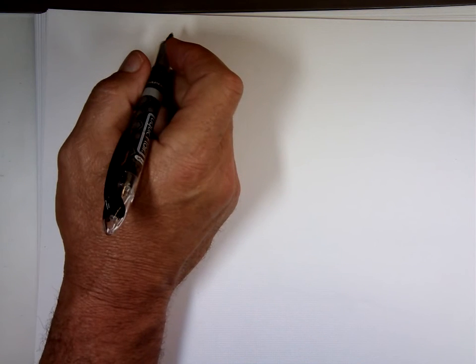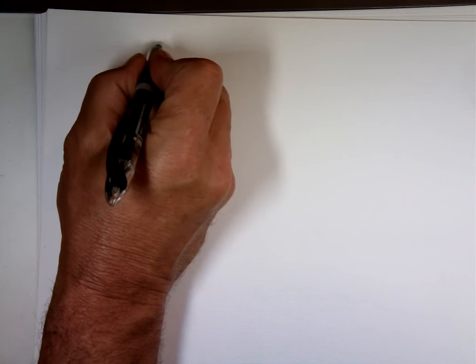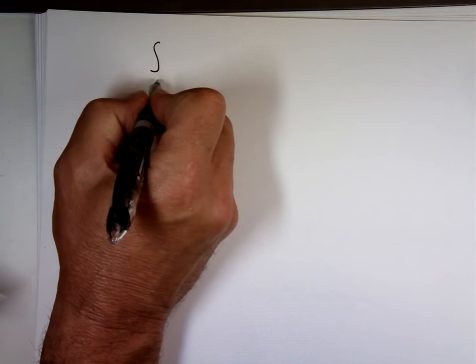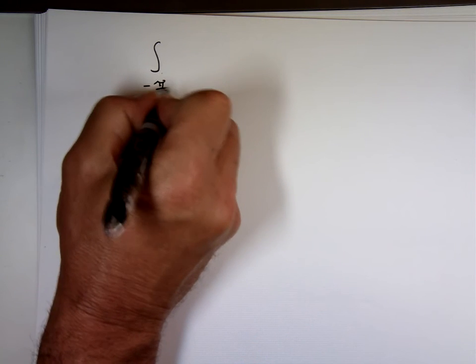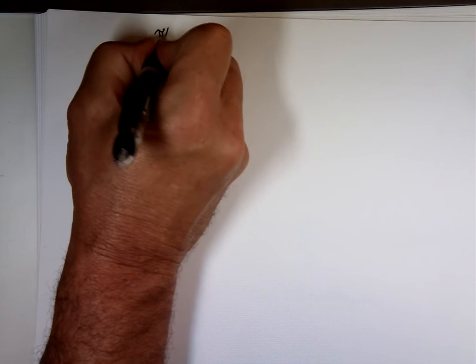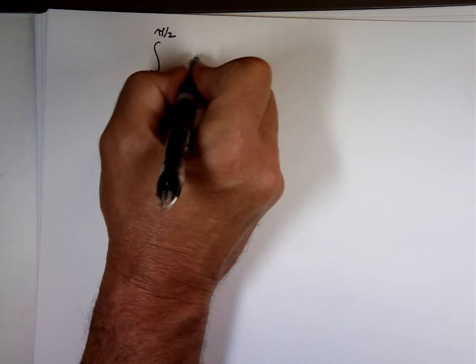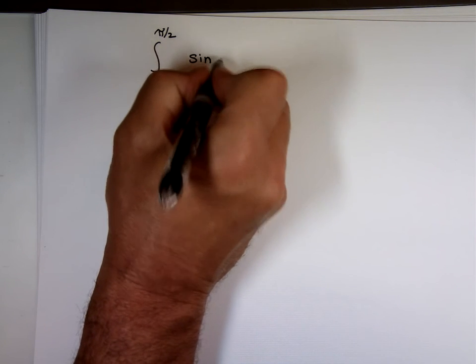Notice if I give you this, I'll make the definite integral. Let's go from negative pi over 2 to pi over 2. And let's do sine 2x dx.